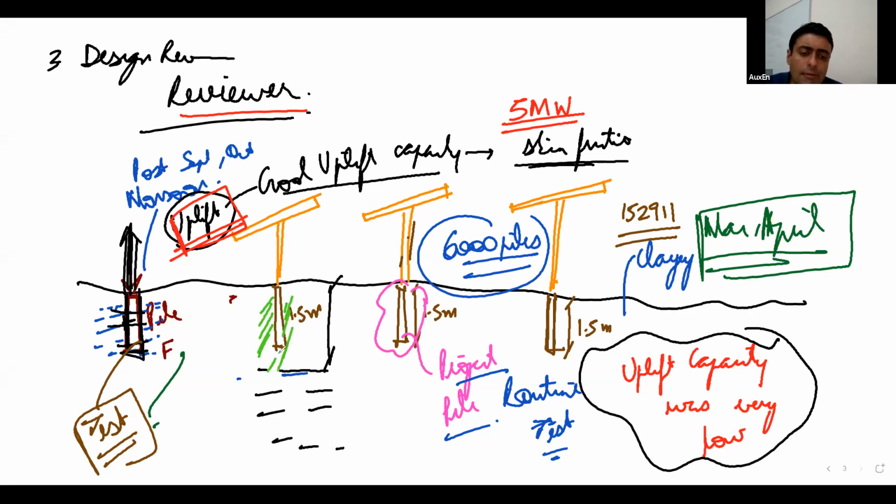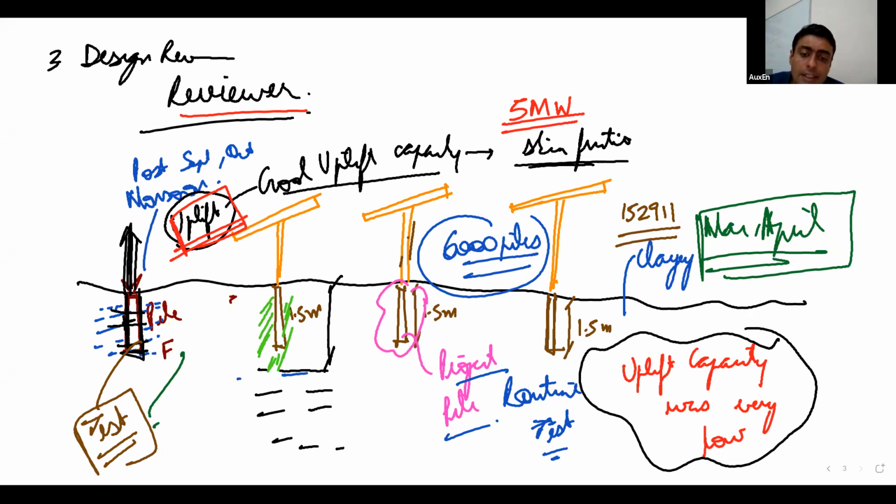And because it became dry, there was shrinkage observed in your soil. And because of that shrinkage, it gave a very, very low uplift capacity. So there was a big issue.